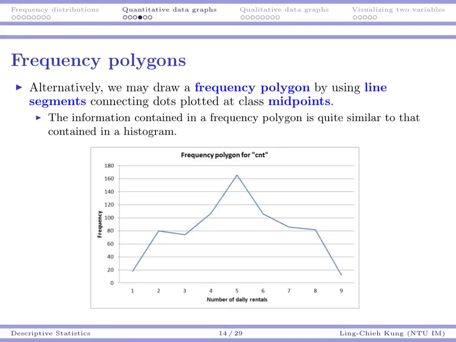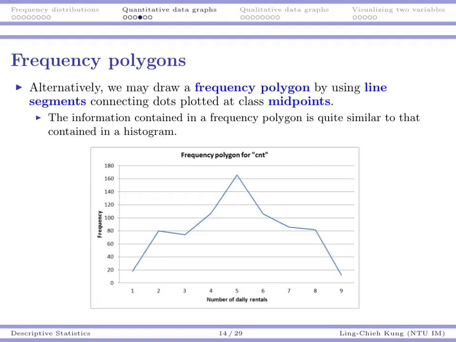One thing that is very similar is called frequency polygons. Okay, if you don't like a histogram, you may draw a frequency polygon by using line segments to connect dots plotted at the class midpoints. Okay, if you look at this frequency polygon, you can see that it simply gives you the same information as a histogram does, right?